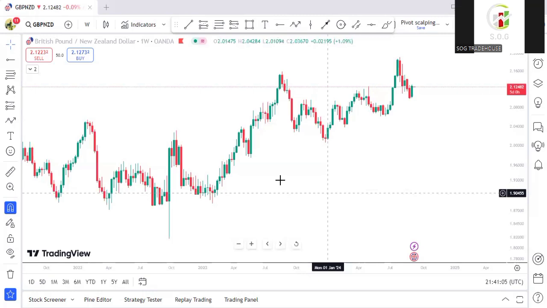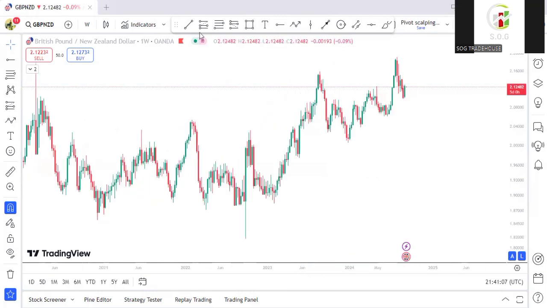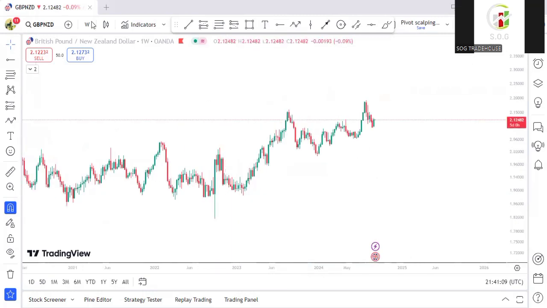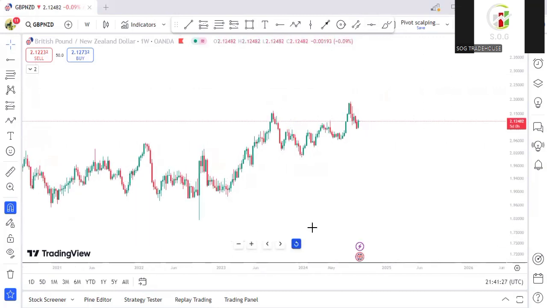So on my watch list, I have GBP NZD, Euro NZD, gold, US 30, GBP CHF, BTC USD, and USD CAD on my watch list for the week.